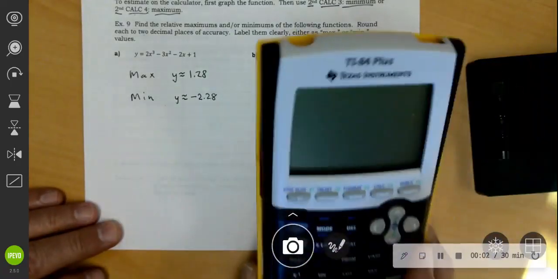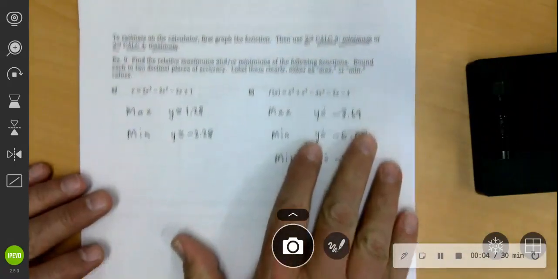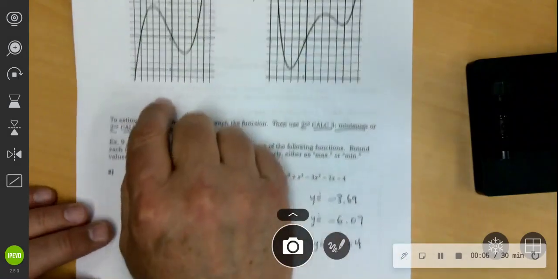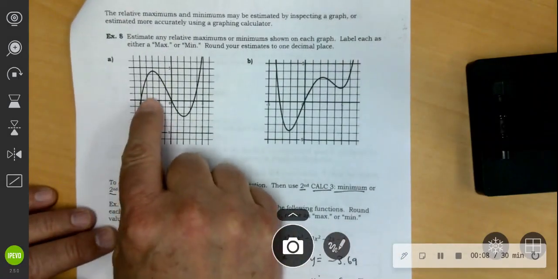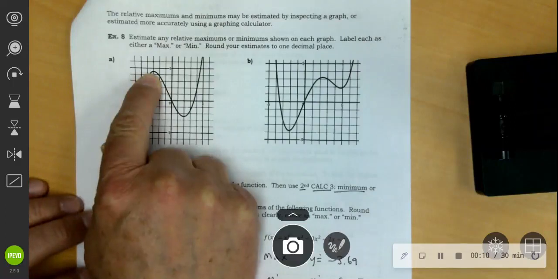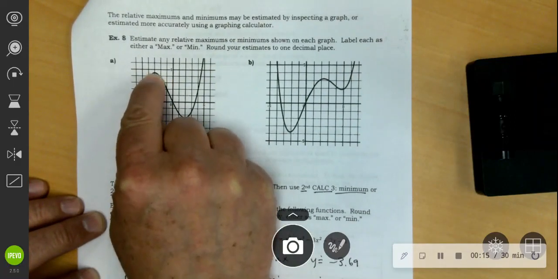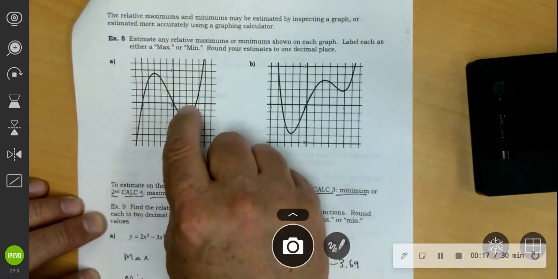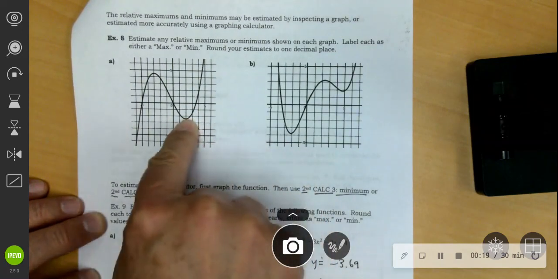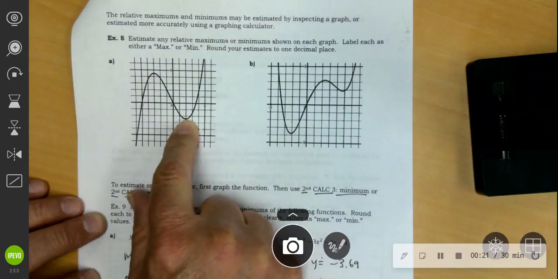Okay, this is Mr. Peterson, and previously in notes 3.1, we've looked at relative maximums, which are hilltops, and figured them out by just counting the height of that point, or the height of this point for a relative minimum, which is a valley.